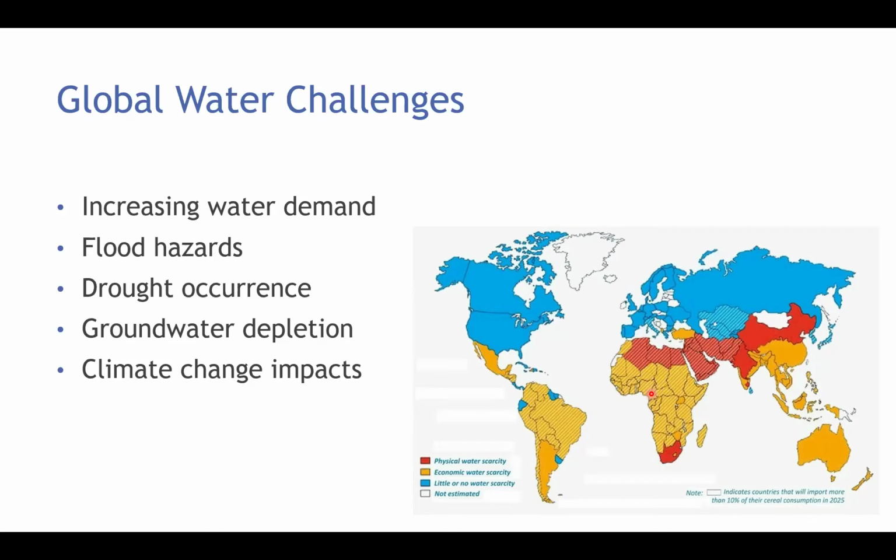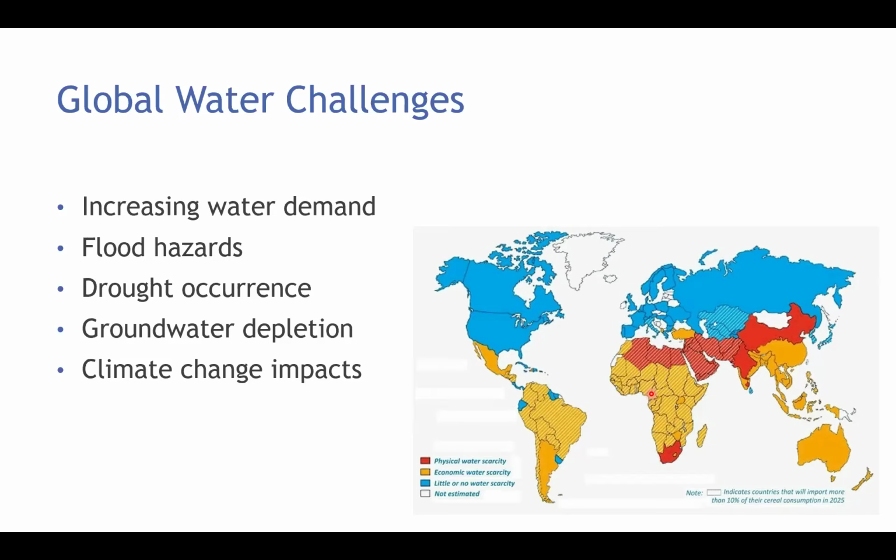Then the second thing is too much water. Like you may recollect the floods which happened in maybe 2018, 2019. Nobody can forget that. So we have flood hazards happening everywhere, not only in India. It is happening in both developed countries and the developing world.